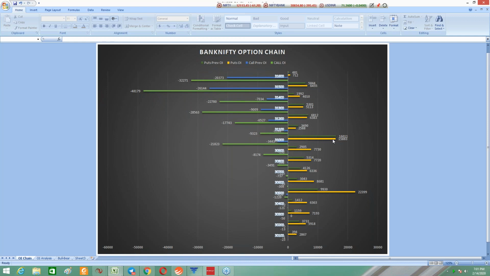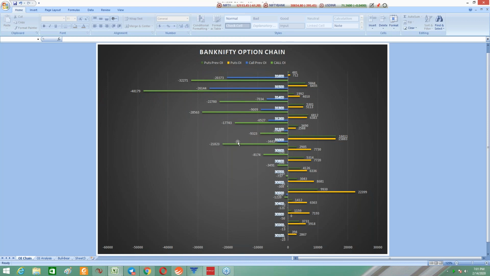Till 31,000 it has got unwound, but there is still some put writing available at 30,900, 30,800, and 30,700. The biggest put writing currently available is at the 30,500 strike.